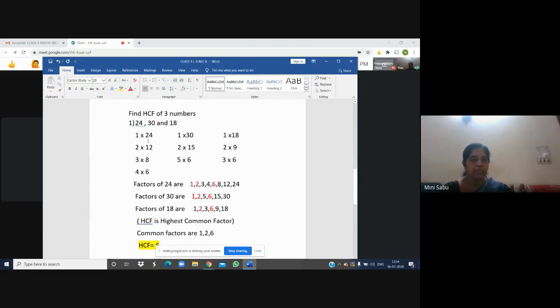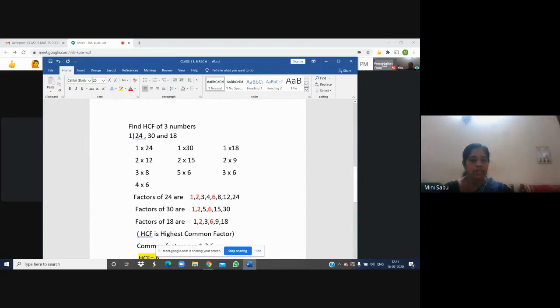Then here you can see, first let us take 24. What are the factors? I told you we will start from 1 in order. 1 times 24 is 24, 2 times 12 is 24, 3 times 8 is 24, 4 times 6 is 24. Then in 5's table, 24 is not coming. In 6's table, it is the same.